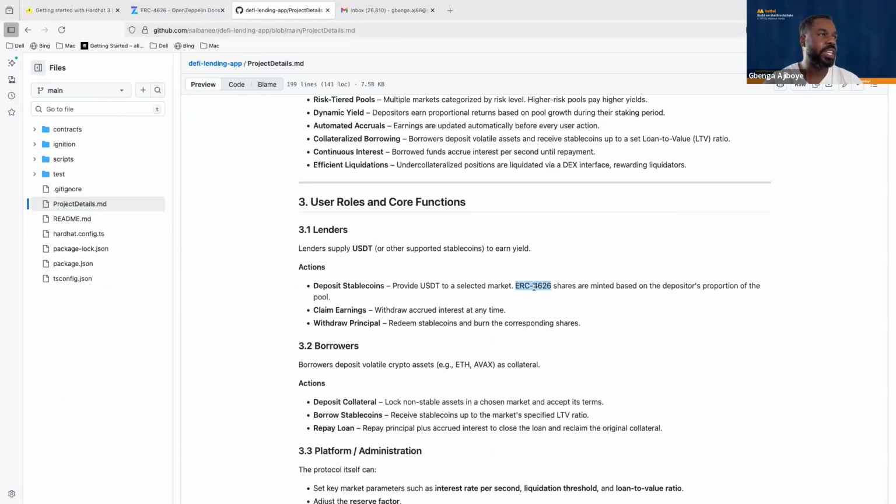Basically, it allows you to mint shares based on the proportion that you already hold of the pool. So the idea being that if you own 50% of the pool, and the pool goes up by, let's say 1.5%, then your 50% has benefited from that growth. So you can claim a proportion of 50% of the growth.